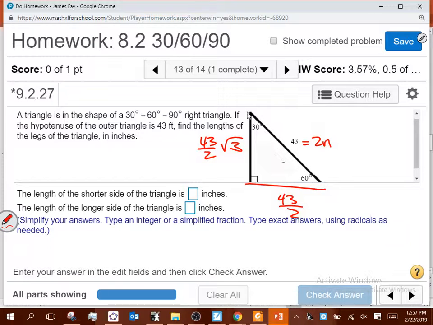So the shorter side is 43 over 2, and this is the longer side. You got the same exact numbers? Show me how you type it in. That's good, right?